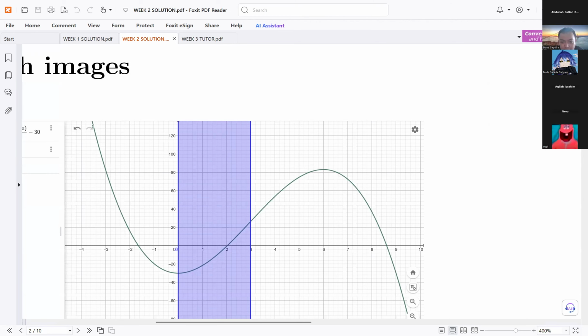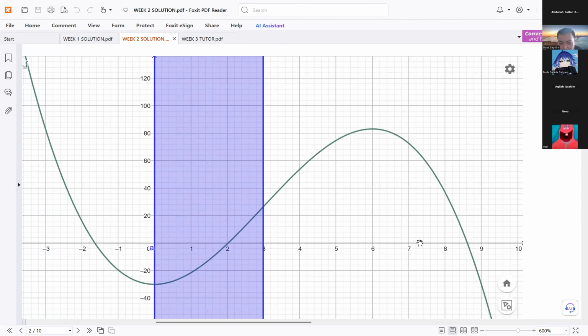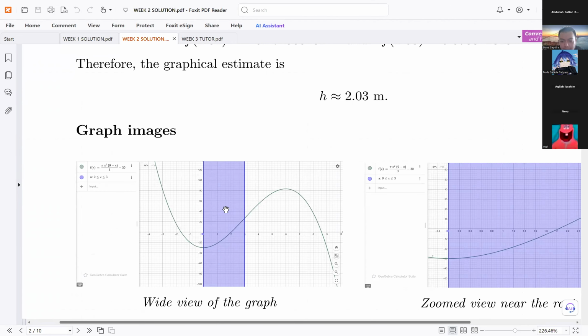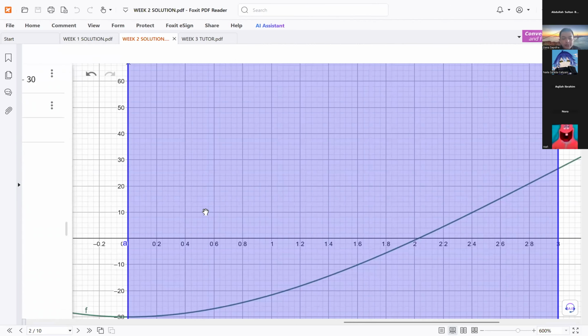If I zoom in, we know that this is not exactly 2, but slightly greater than 2. So I estimated between 2 and 2.1.